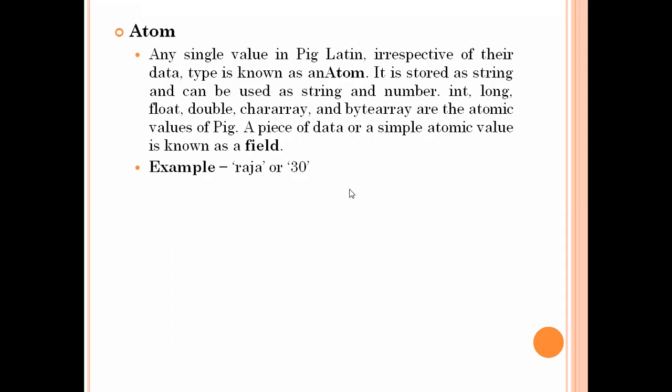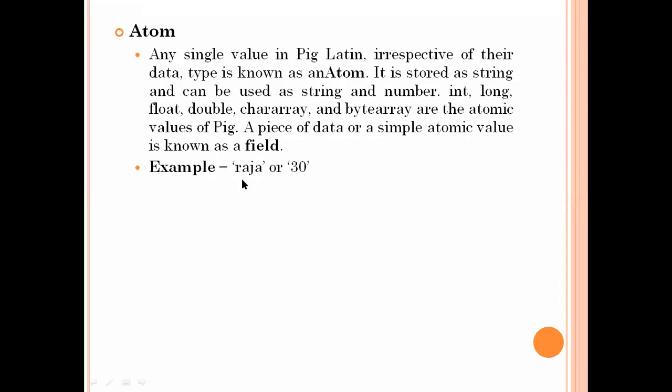So atom. What is an atom? Any single value in Pig Latin, irrespective of its data type, is known as an atom. It is stored as a string and can be used as a string and number. Int, long, float, double, chararray and bytearray are the atomic values of Pig. A piece of data or a simple atomic value is known as an atom.